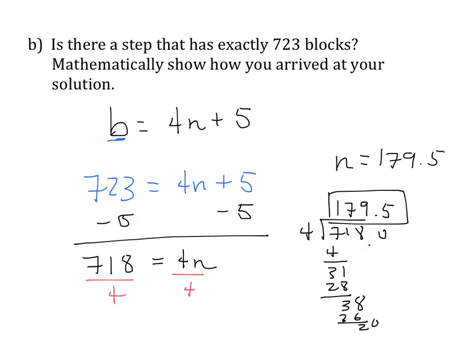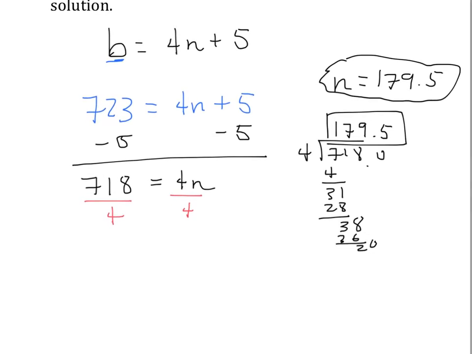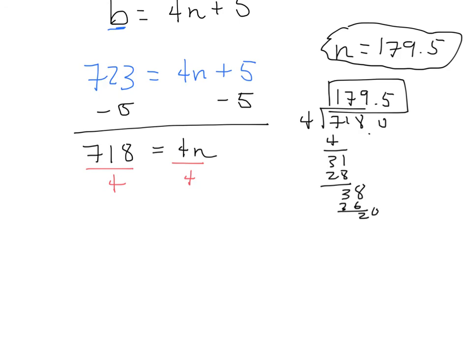But if you take this all the way back to the context, what this means is that there isn't a step that has 723 blocks, because there isn't a step that looks like 179 and a half. There's certainly the 179th step, and there's the 180th step, but there's not the 179.5 step. All right? Just sounds kind of funny because the step numbers have to be integral or whole number steps.